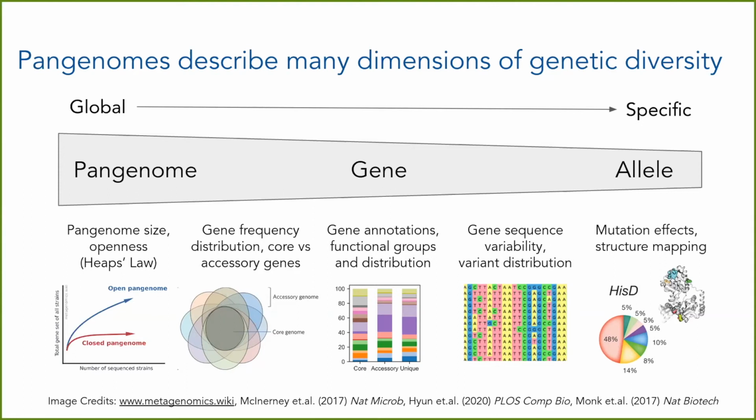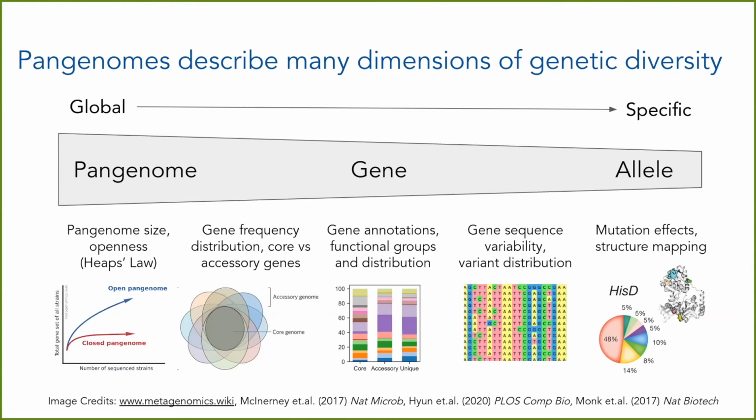And just along the spectrum of specificity from the most global to specific, we have analysis methods that begin with just the overall pangenome shape, such as its size and openness, and also trying to categorize genes broadly based on their frequency, most commonly trying to identify the core genome of a given species, or the set of genes that are present in nearly every single strain of that species. Then moving on into gene level analysis, we can start bringing in functional annotations of individual genes to see how specific functions or functional groups are distributed throughout the pangenome.